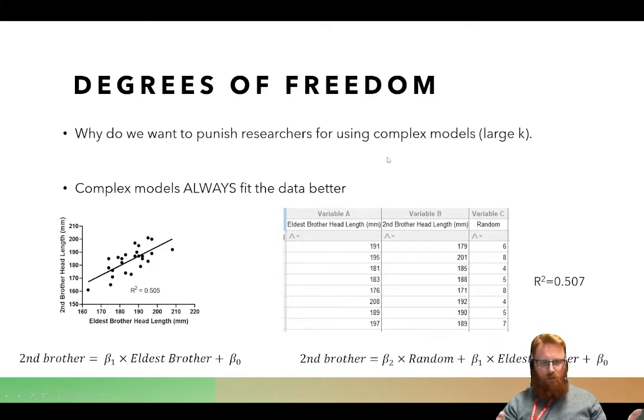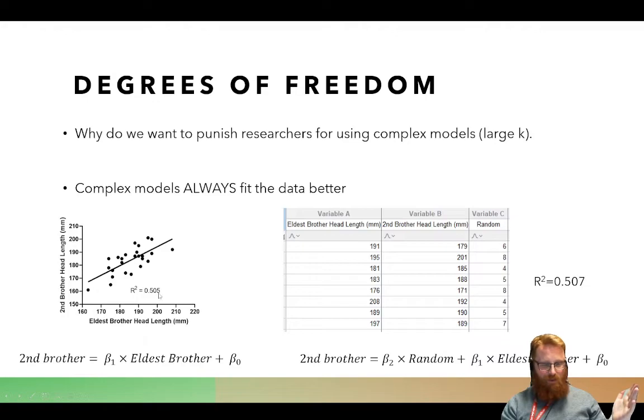Well, the simple truth is that complex models always fit the data better. This is a famous data set that I still never know why it exists, which is the head length of brothers. It was collected in like 1890 or something. And you can see, unsurprisingly, that there is quite a good correlation. There is a significant relationship between the eldest brother's head length and the second eldest brother's head length.